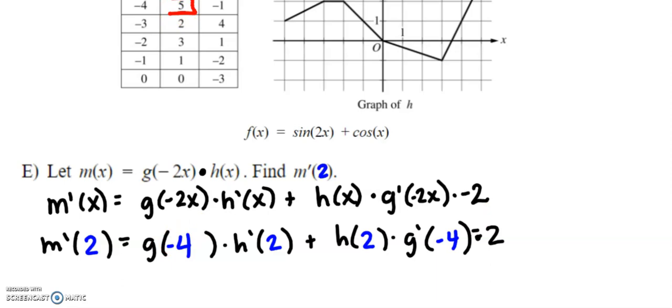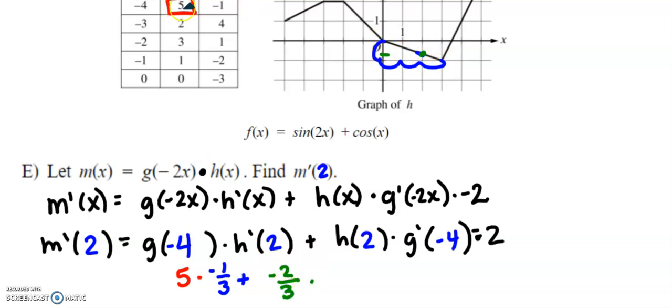G of -4 is equal to 5. H prime of 2, we already had you find it. And another one, h prime of 2 is -1/3 plus h of 2. Well, let's think about this. If this is a slope of -1/3, then this has got to be -2/3.